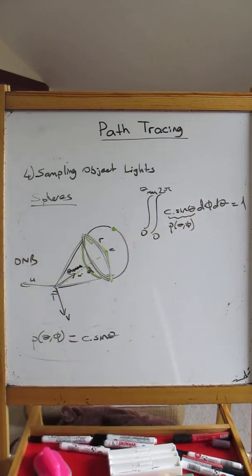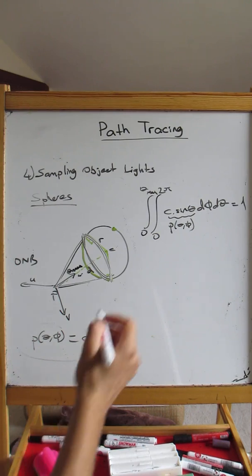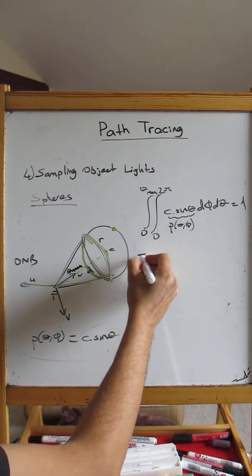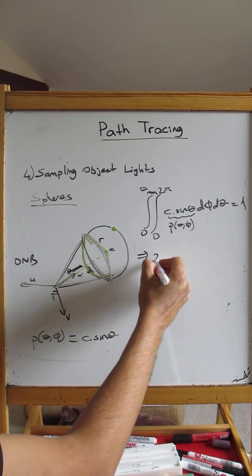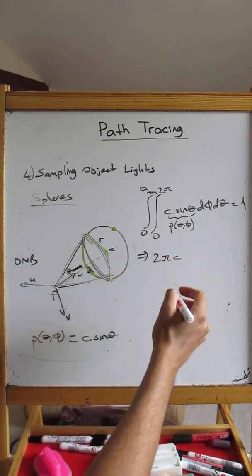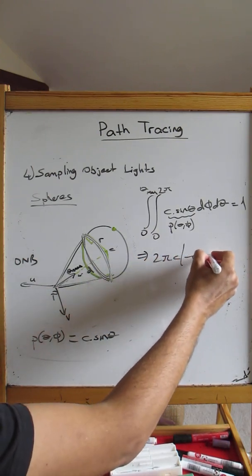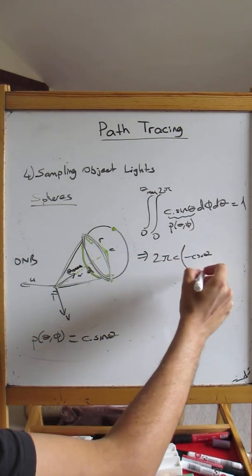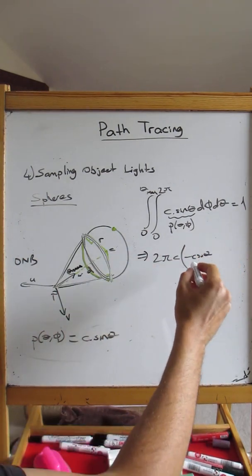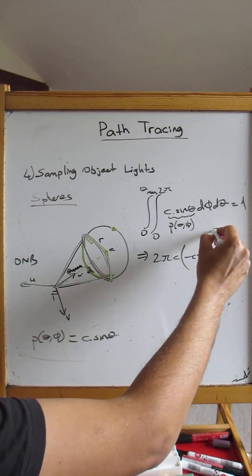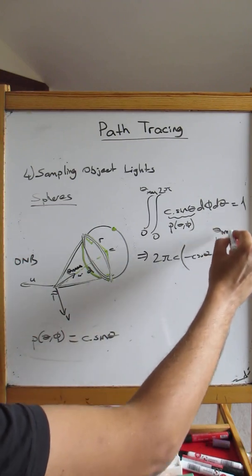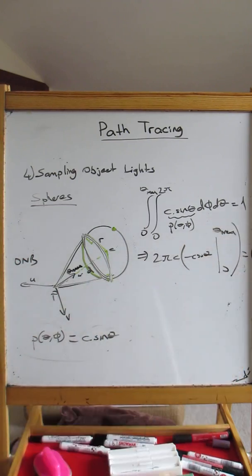Now, if you go ahead with the integration, you are going to obtain the following. This is equal to 2 pi C times minus cos theta, from theta max to 0, which is equal to 1.